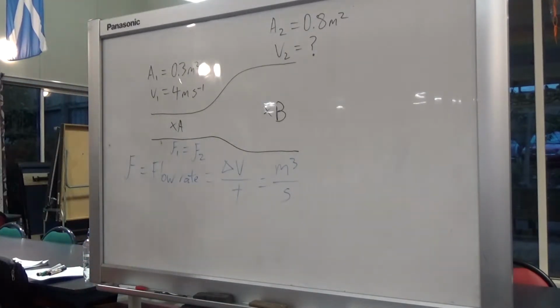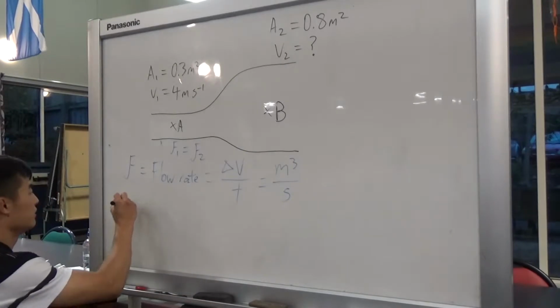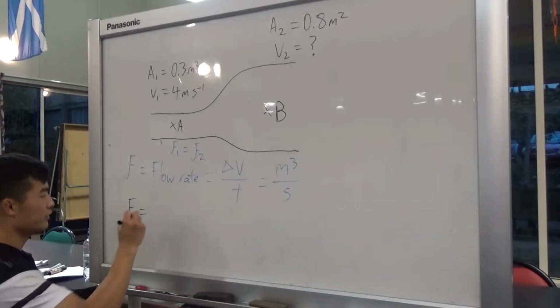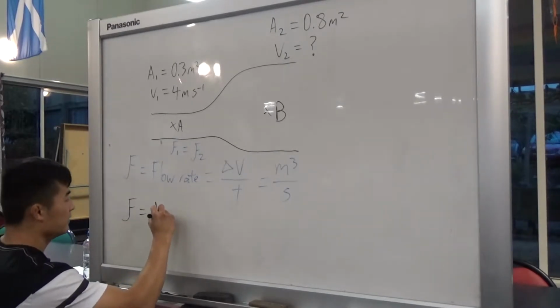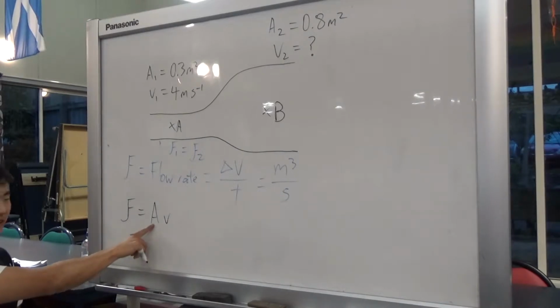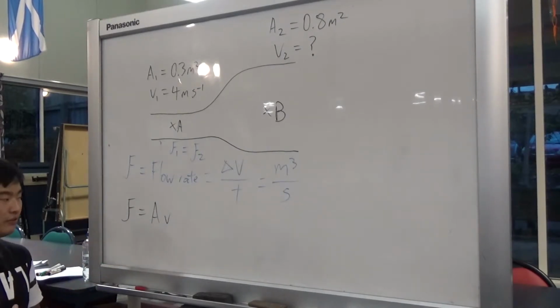So then you can also say that flow rate can also be equal to area times velocity. Okay, so the cross-sectional area multiplied by the velocity of the liquid.